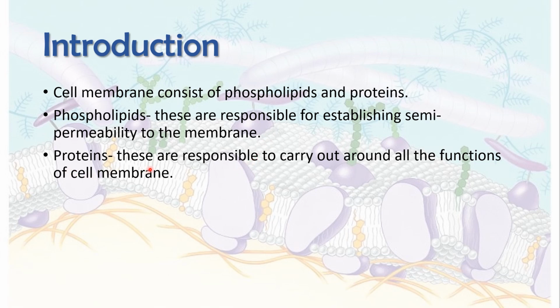The proteins act like mothers in the house. As a mother performs all the functions of a house, in the cell membrane, proteins act like mothers and are responsible for carrying out all the functions of the cell membrane.